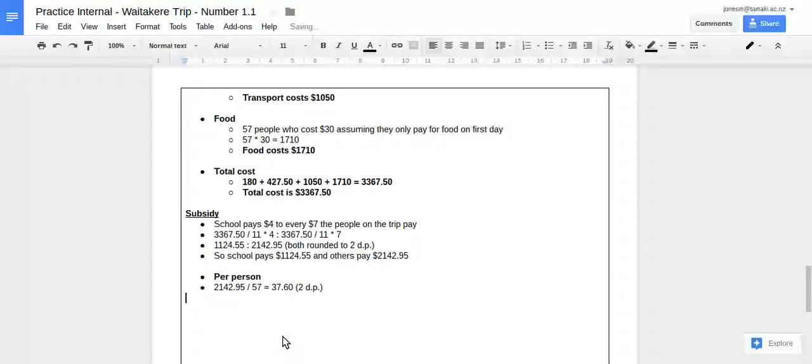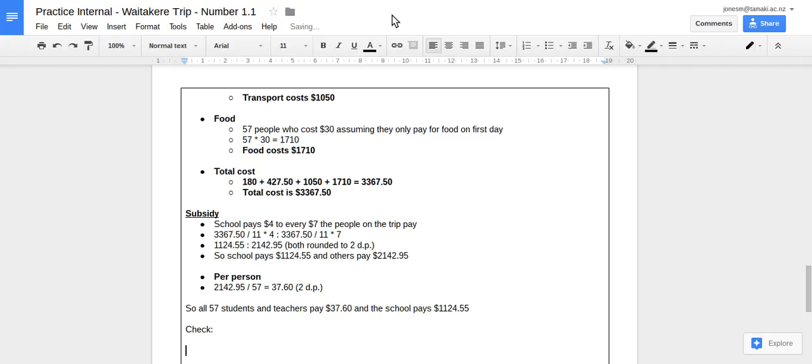And so I'm going to say all 57 students and teachers pay $37.60 and the school pays $1,124.55. Now I'm just going to check.